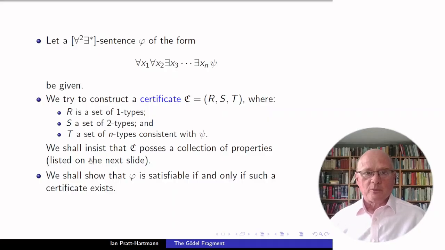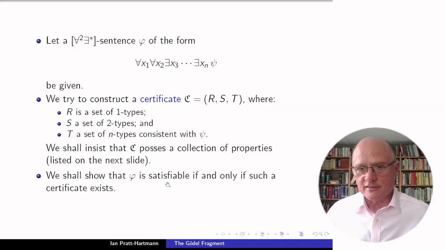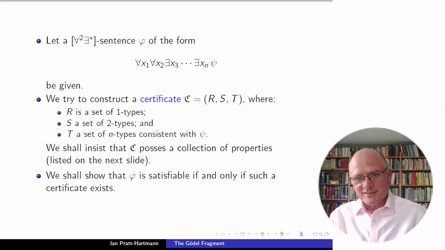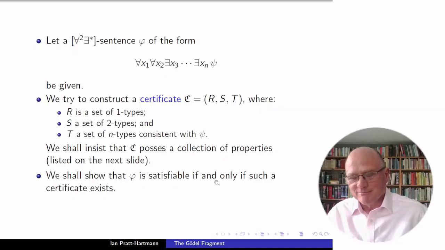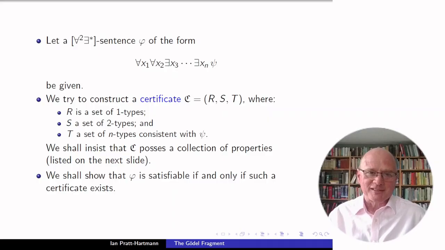So we'll insist that C possess a collection of properties which I'll list on the next slide, and what I'm going to show is that phi is satisfiable if and only if a certificate C exists. Remember, C has to satisfy a collection of properties, and we need to construct or guess a certificate C. These will be finite objects, of course, and we check that the relevant certificate has all the required properties.